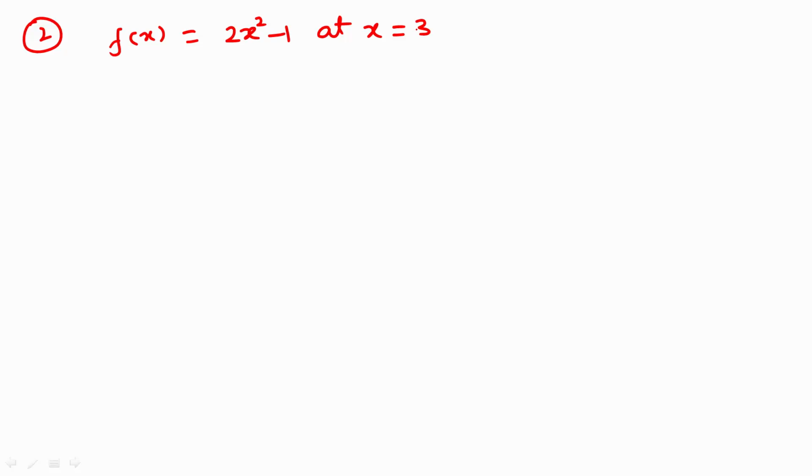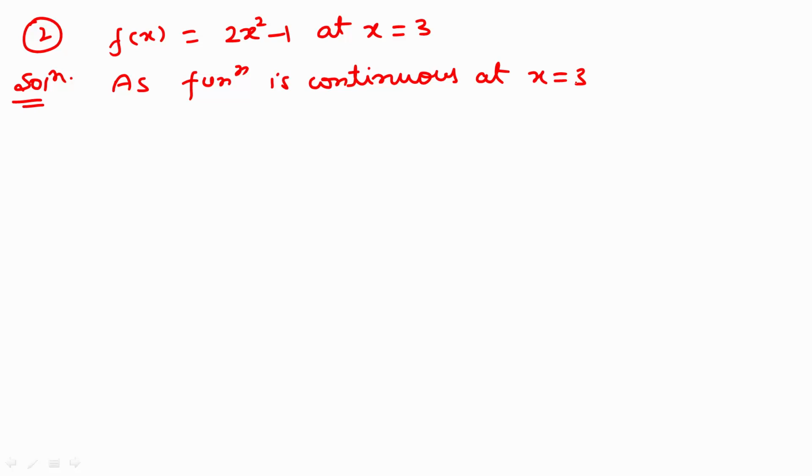Again, we will write like this, as the function is continuous at x is equal to 3. So limit x tends to 3 f(x). Don't try to take left hand limit or right hand limit separately. We have to write like this, limit x tends to 3 f(x) is equal to f of 3.